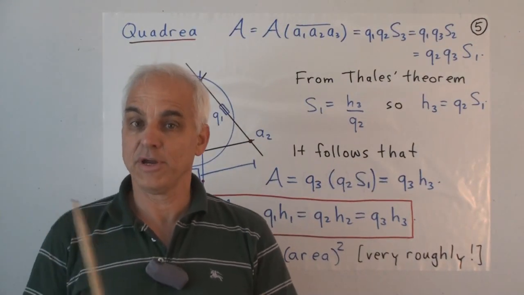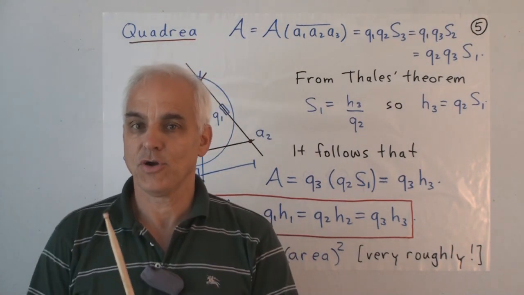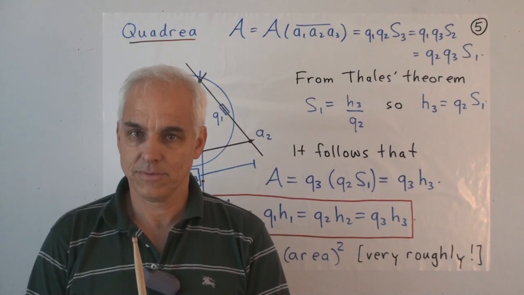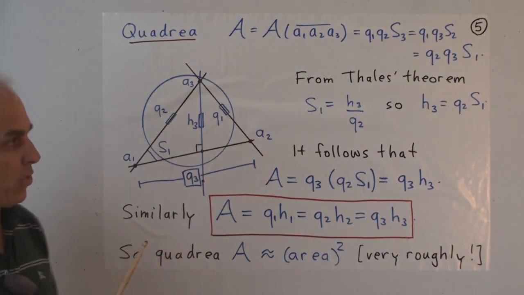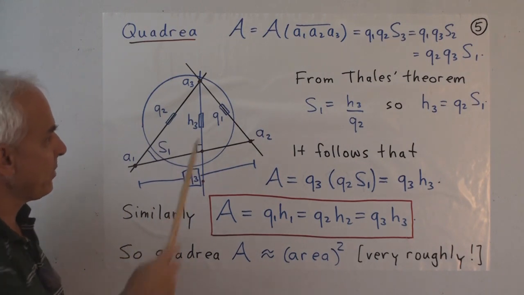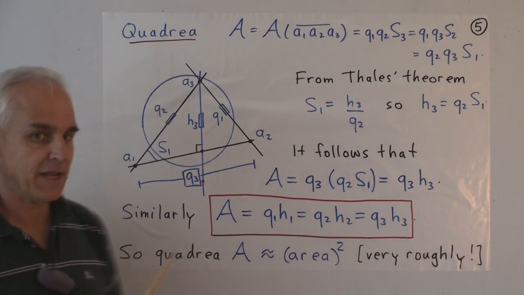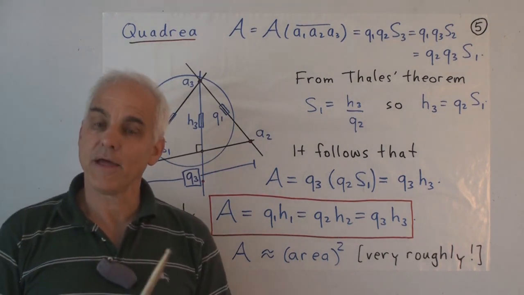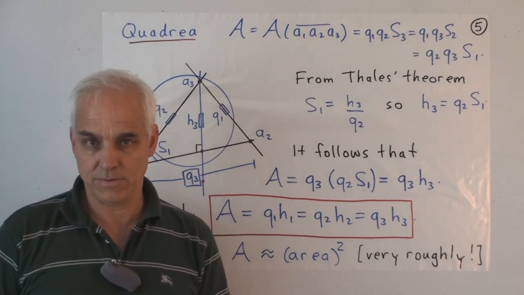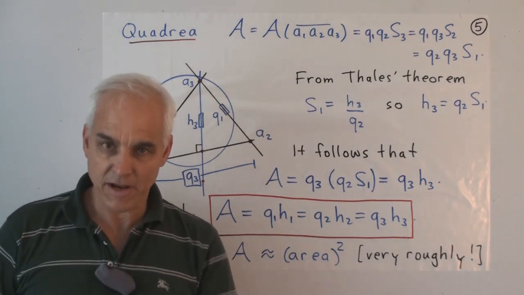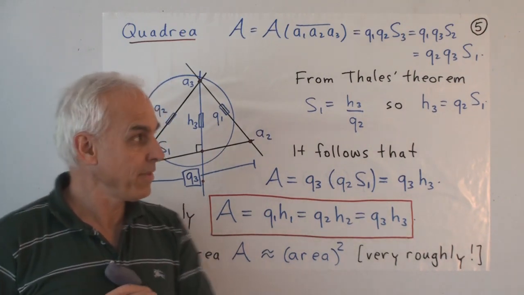Thales' theorem has another interesting and important application that relates to the quadrea of a triangle. This is the concept that we called script A, or calligraphic A. It was a number associated to a triangle. And I said perhaps to you then that the quadrea is the single most important number associated to a triangle. If you only know one thing about a triangle, the best thing to know is what is its quadrea.